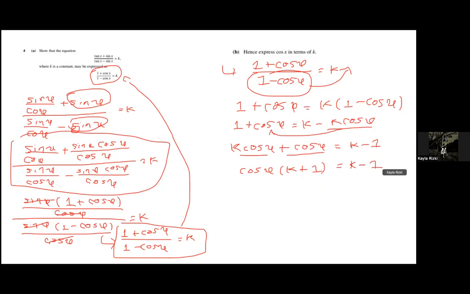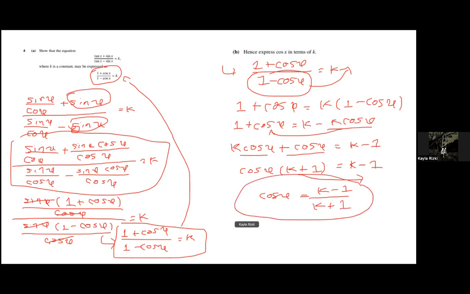Terus kita pindahin ini ke bawah sini, jadi cos x equals to k min 1 per k plus 1. This is the answer of cos x in terms of k.